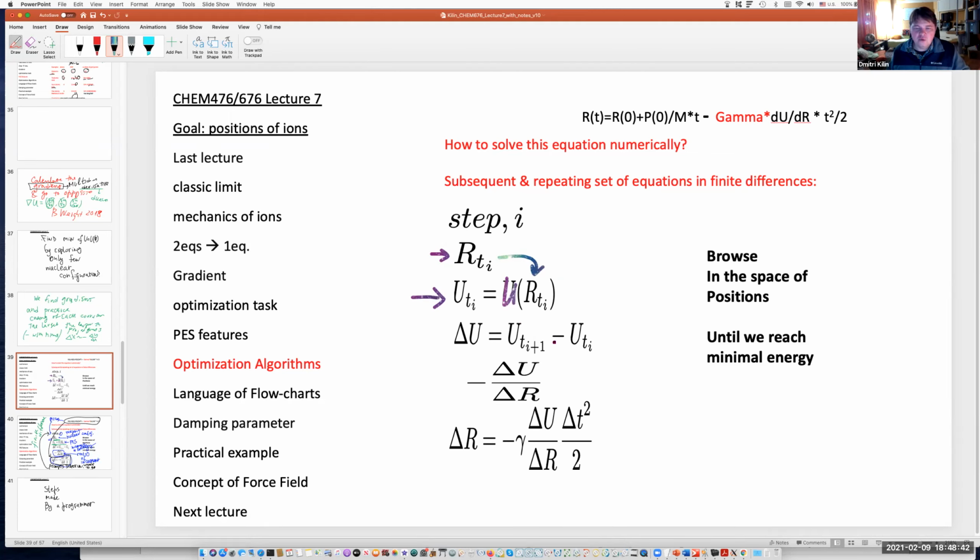And then to start we need 2 points, but then we subtract the value of energy at the previous and next point and compute the gradient. And as soon as this gradient is known, we assume that we know the time increment, and we combine these two things in one equation and compute what will be the next delta R. So in which direction and how far we should travel to eventually reach the minimum.